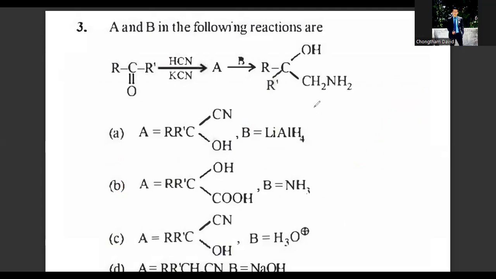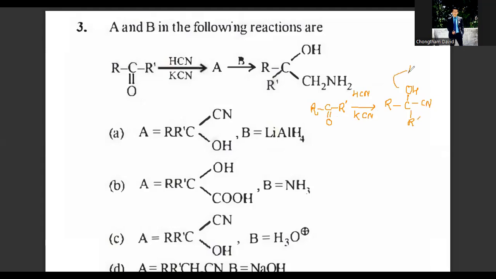So you're given a ketone, R C double bond oxygen R prime. This is treated with hydrogen cyanide and potassium cyanide. So now you have cyanohydrin.